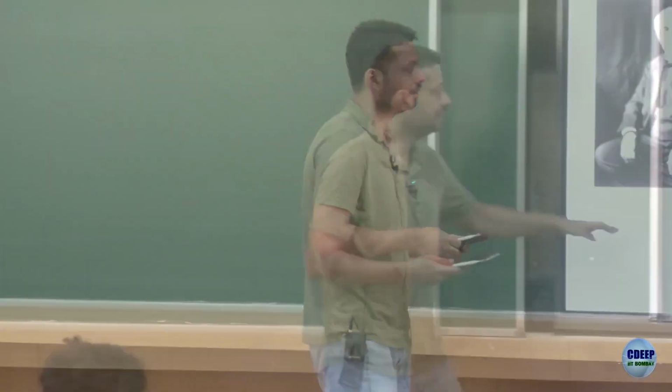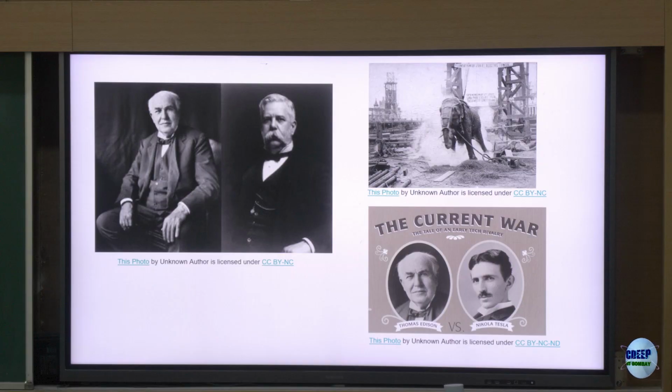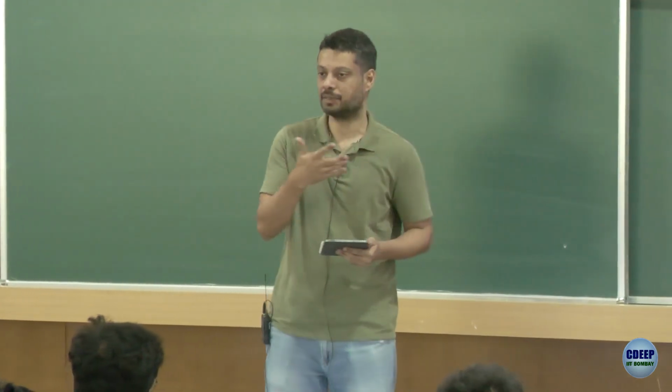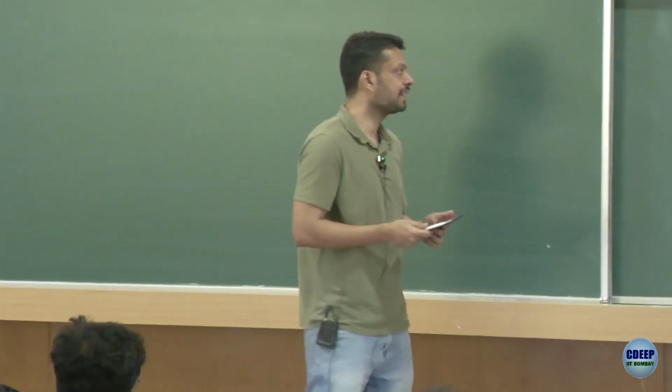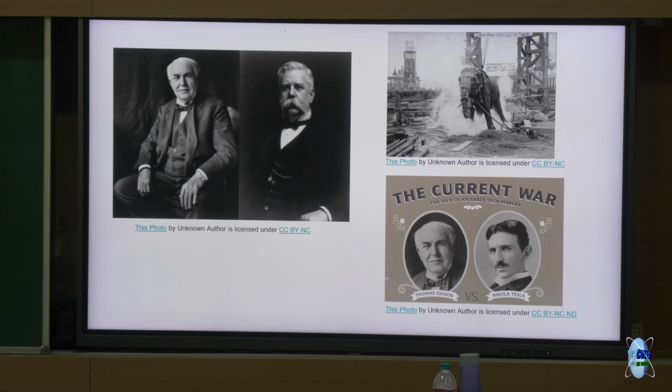This guy's name is George Westinghouse. Westinghouse was again a big company at that time, and essentially a big competitor to Edison's company. I don't think he himself was a big scientist, but he felt that the AC distribution system was much more powerful.